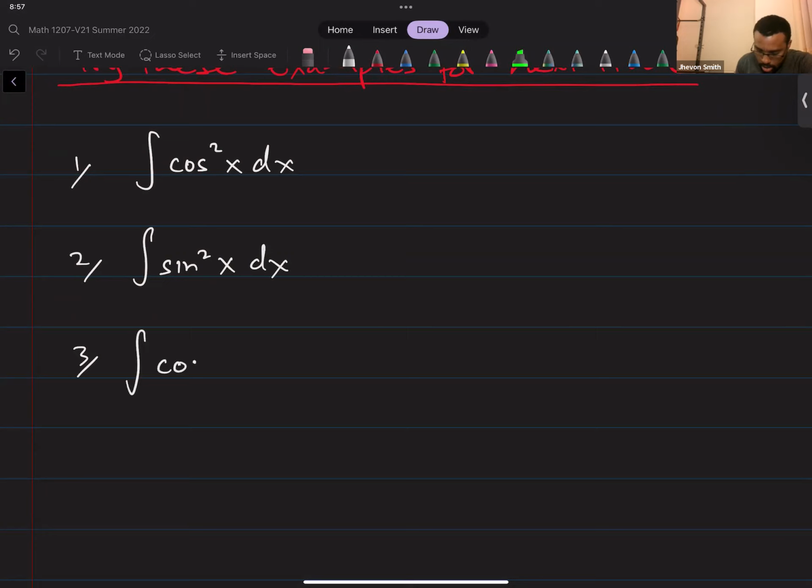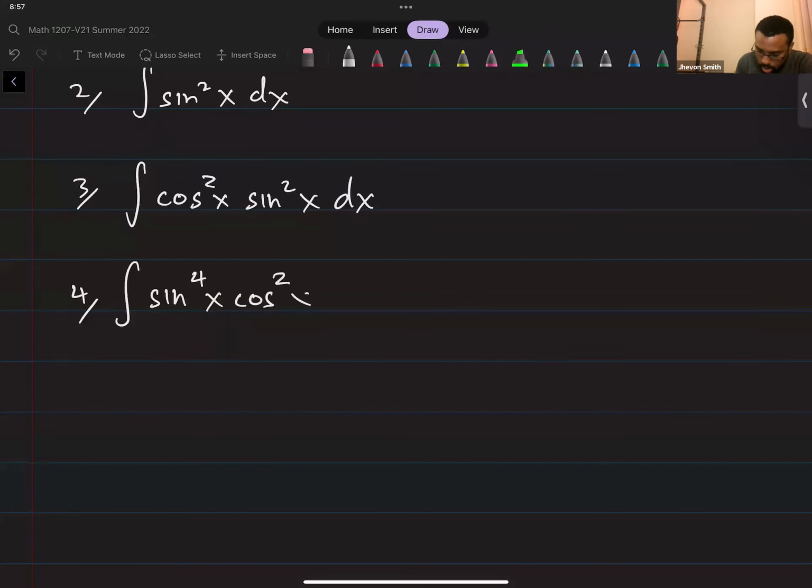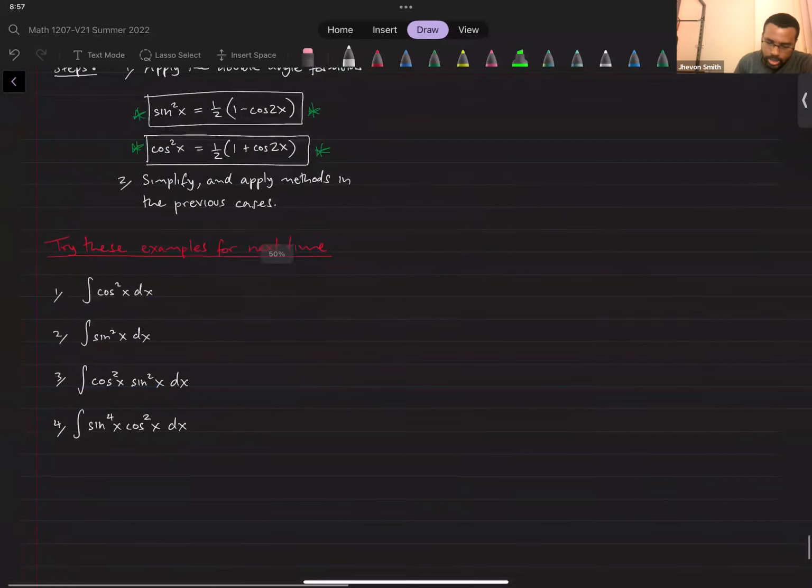Integrate cosine squared times sine squared. Integrate sine to the 4th times cosine squared. Okay, yeah, try those four for next time.